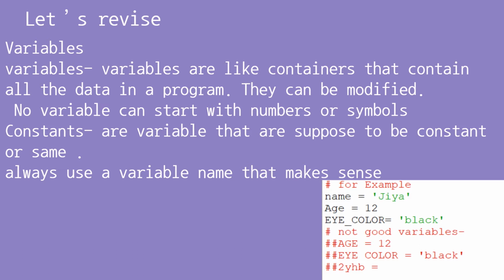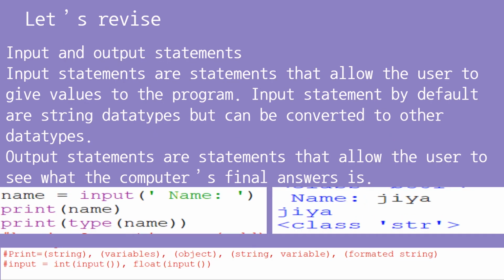In the not good variables, age is written in full caps lock, which is not right, as our age changes every year. And iColor is written back to back, but there is a space between it, and Python will regard it as two different variables, i and color, if we put a space. And then the third one doesn't make any sense.